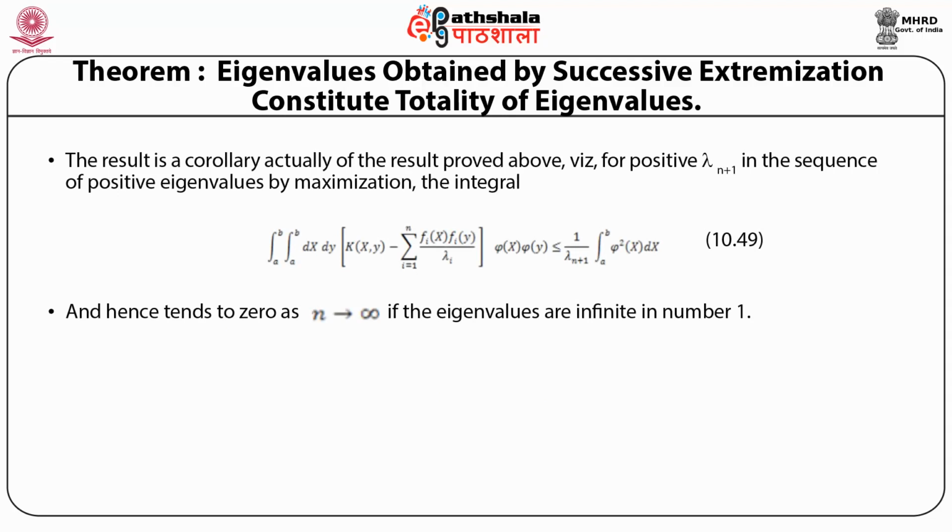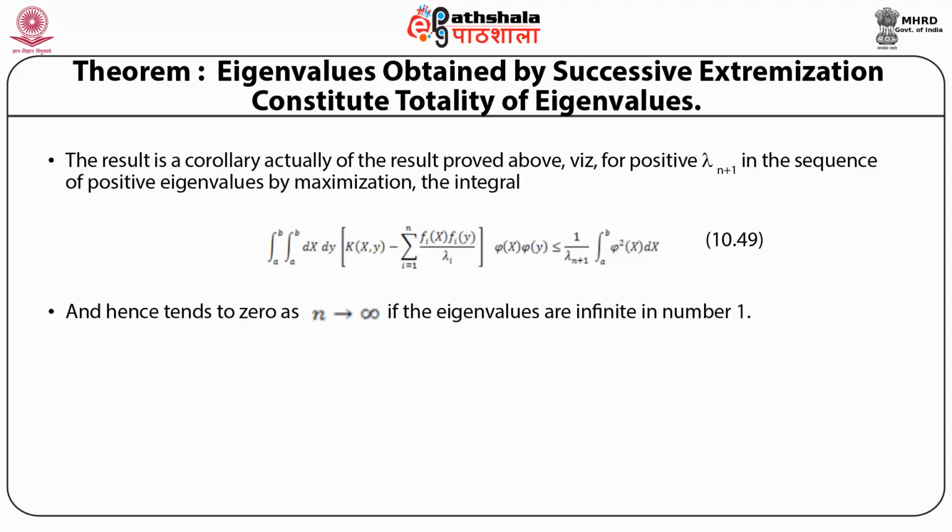Say for positive lambda_(n+1) in the sequence of positive eigenvalues, by maximizing the integral a to b over dx dy of K(x,y) minus the summation of the product f_i(x) f_i(y) divided by lambda_i, the whole thing multiplied by phi(x) phi(y).